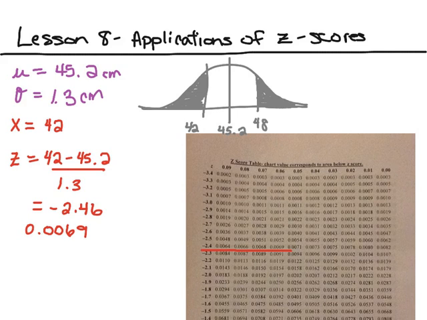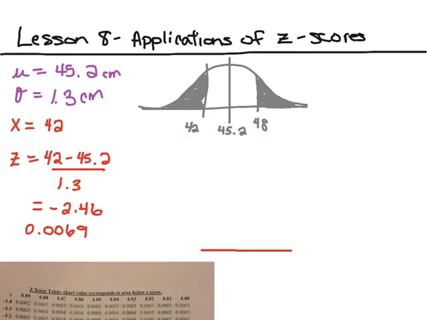I'll just move that down here for now. So right here, this is negative 2.46 standard deviations away, and the percent is 0.0069. So if you times that by 100, that's 0.69%.